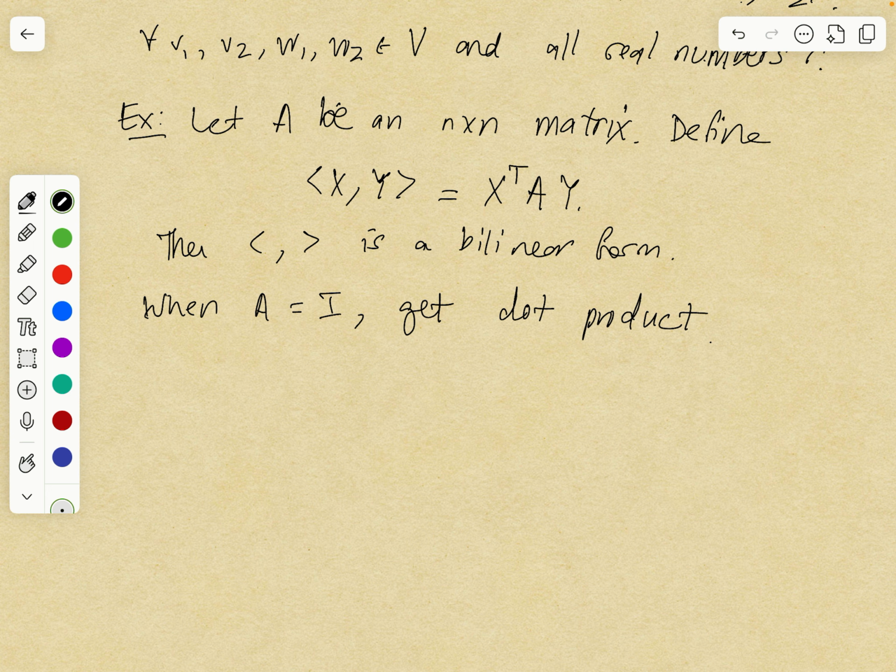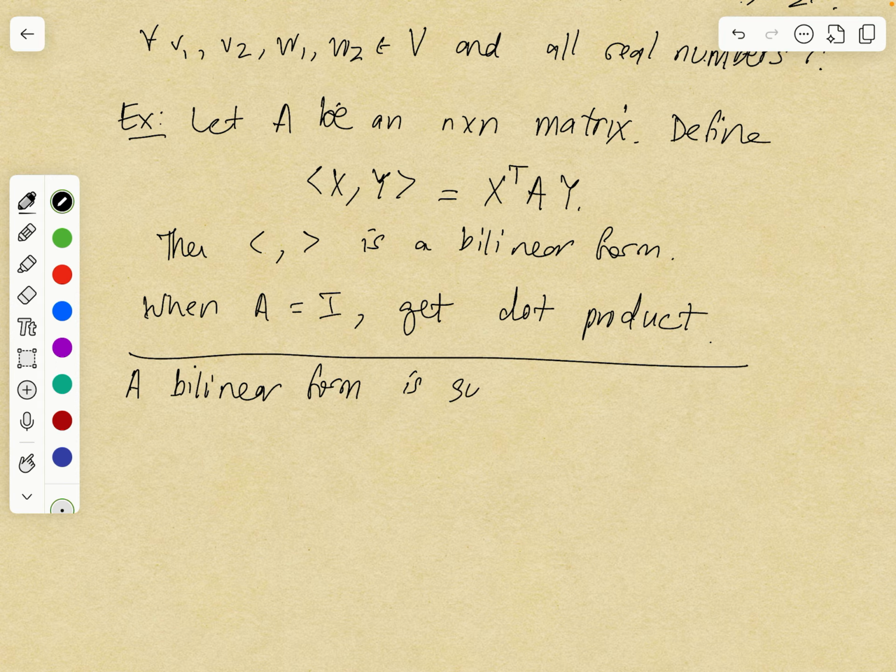Another definition: a bilinear form is symmetric if the form of v and w is equal to the form of w and v for all v and w in V. So that's the definition of symmetric.